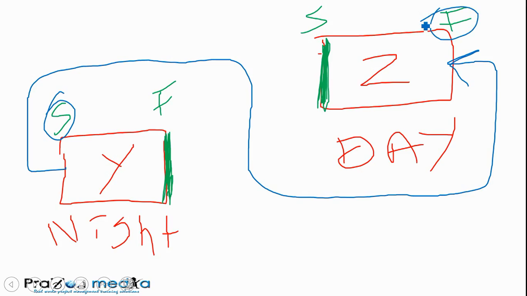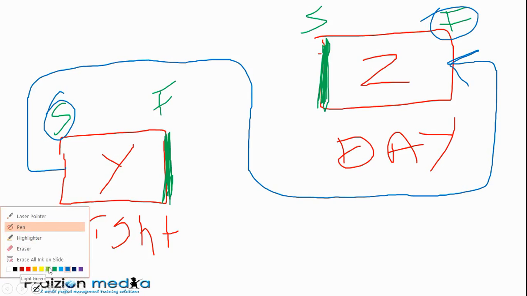You see? So it really depends on the scenario, on the question, which one is the driver, which one is being driven. In this case, Y is driving Z. Y must start before Z can end. Okay? Now I'm going to combine them in one image so you see both of them together, and it probably will make sense from here.